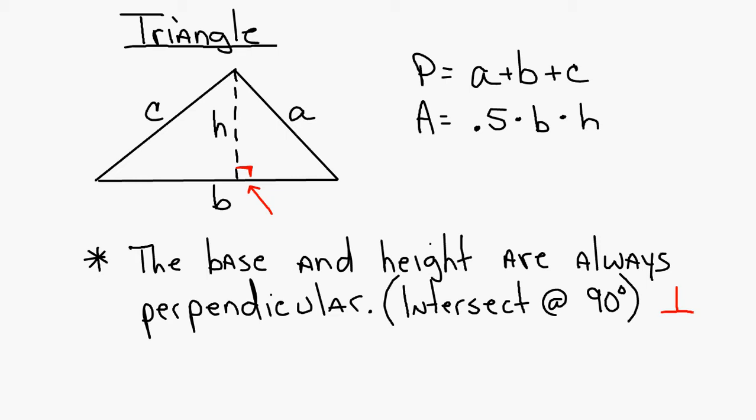All right, so now I'm going to do a couple of examples for area and perimeter when side lengths are given as an expression. Let's say you're given this rectangle and one side is x plus 5 and the other side is x.